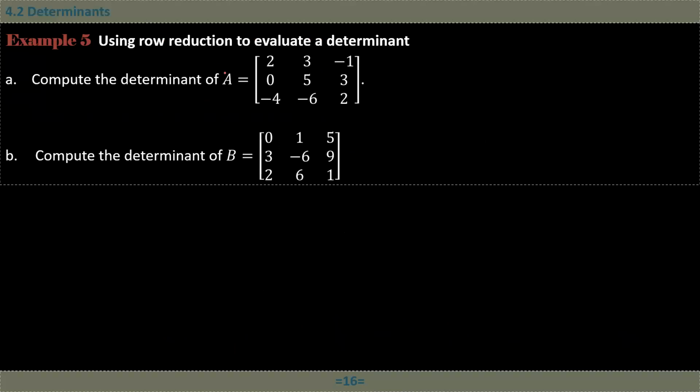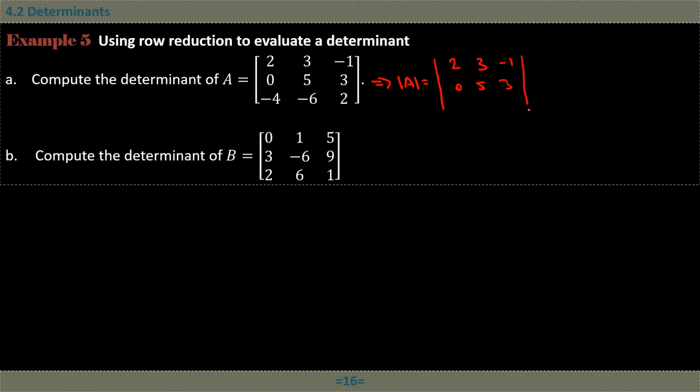Here, using row reduction to evaluate determinants, compute the determinant of A. Okay, row reduction. Let me do it here: the determinant of A is the same as, for example, here we have 2, 3, negative 1, 0, 5, 3.